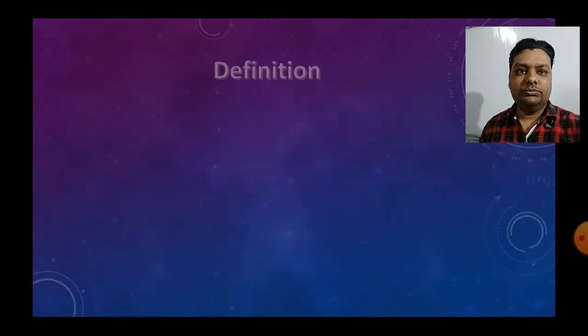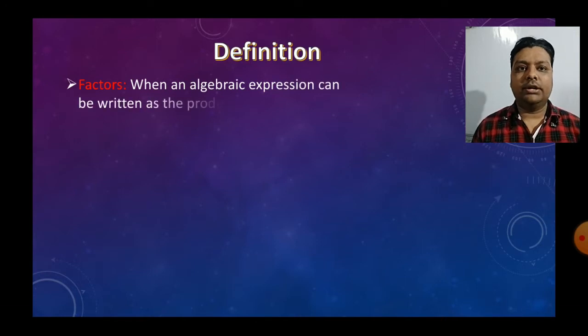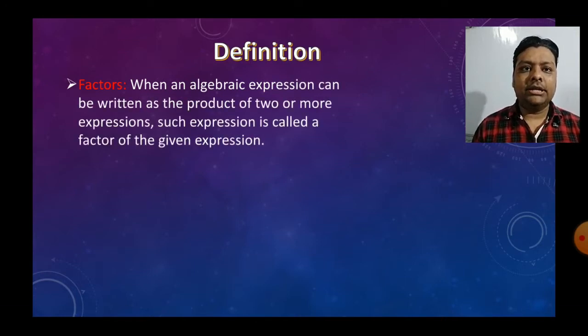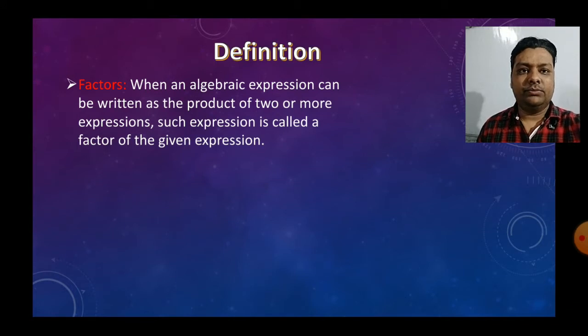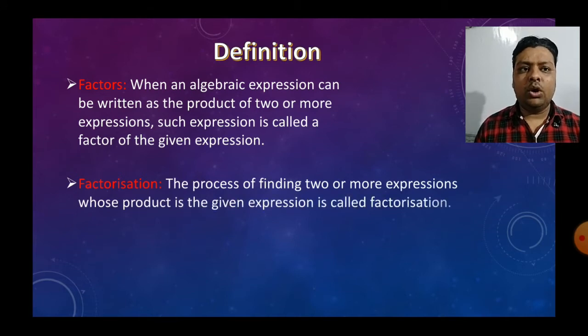First, let's start with the definitions. What are factors? When an algebraic expression can be written as the product of two or more expressions, then each such expression is called a factor of the given expression. Factorization is the process of finding two or more expressions whose product is the given expression.